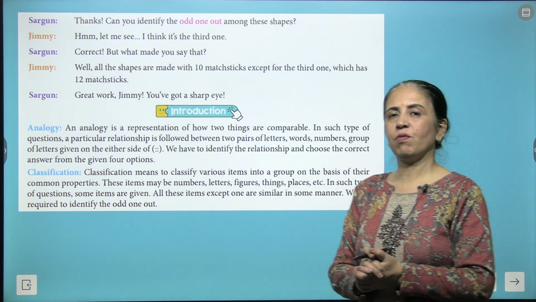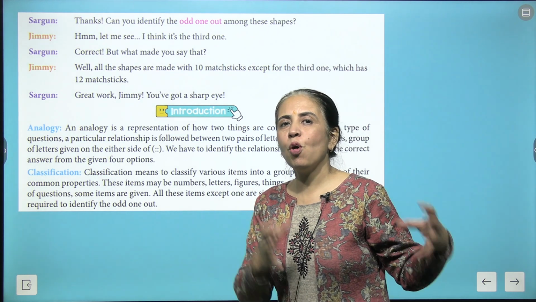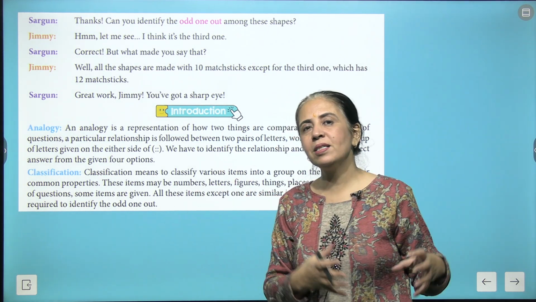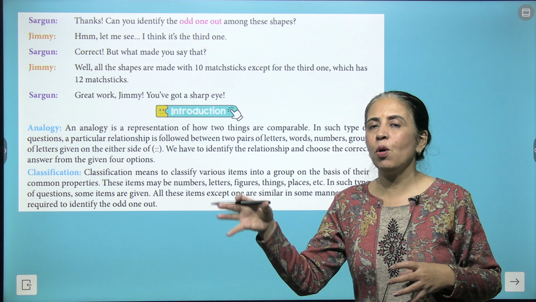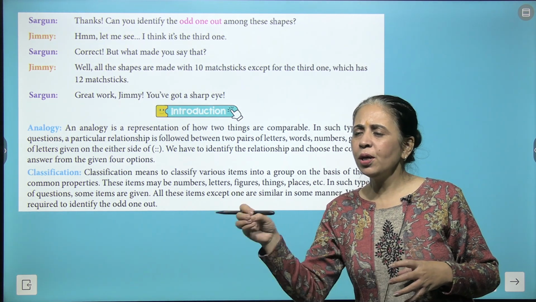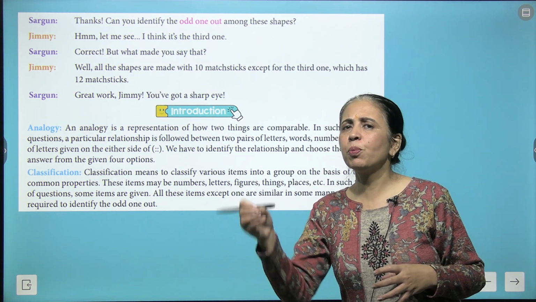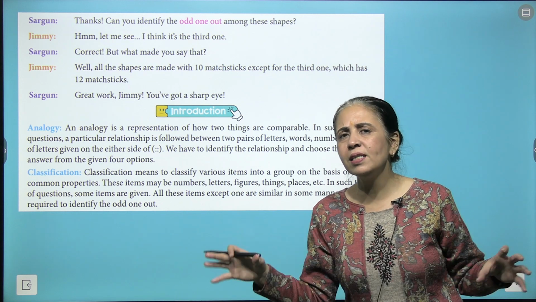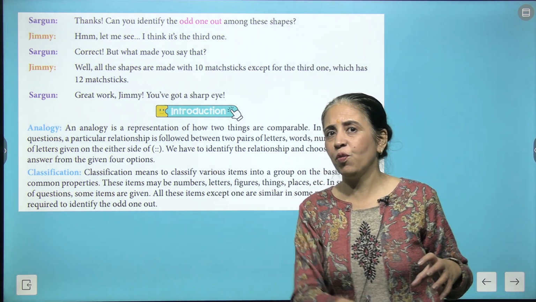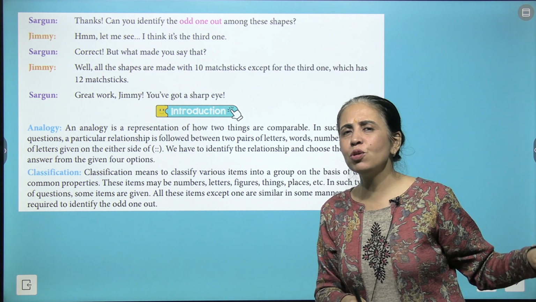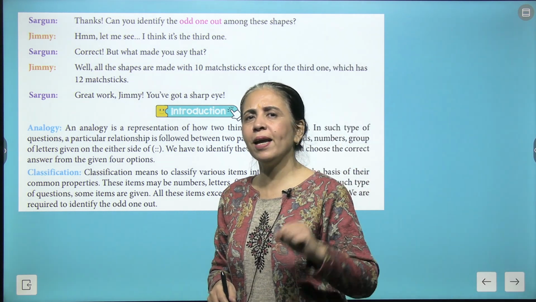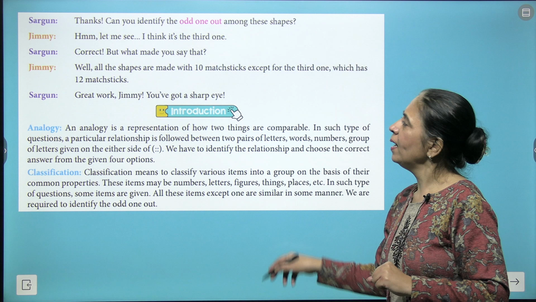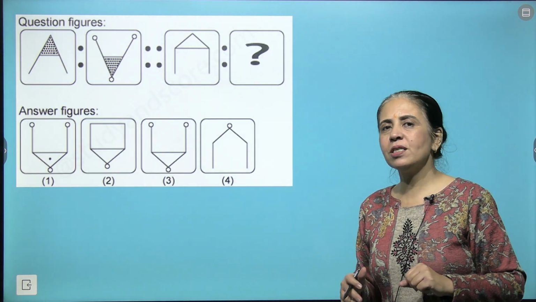And when you say classification, a group of objects, a group of images, a set of things is given, and you have to check which property is different in one of them, and you have to chalk it out. We say picking the odd one out. Let's try doing some questions here.